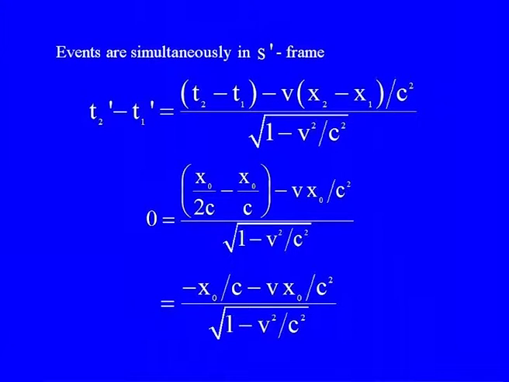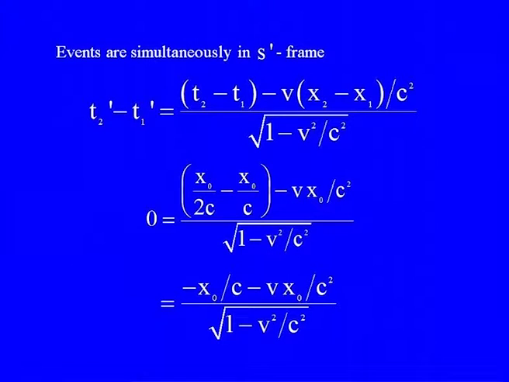So, how do you go about doing these things? Let us look at the time intervals as seen from the S frame and the S prime frame. Since the events are simultaneous in the S prime frame, T2 minus T1 is 0.